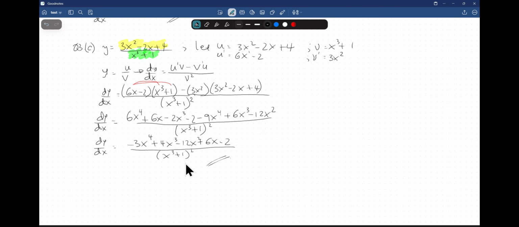So that should be our final answer: negative 3x to the power of 4 plus 4x cubed minus 12x squared plus 6x minus 2, all over x cubed plus 1 to the power of 2.